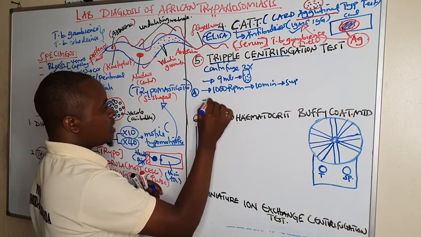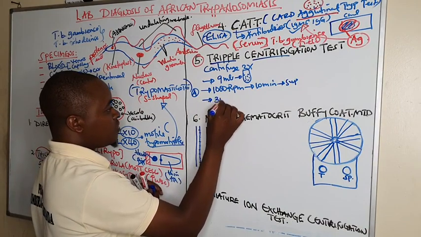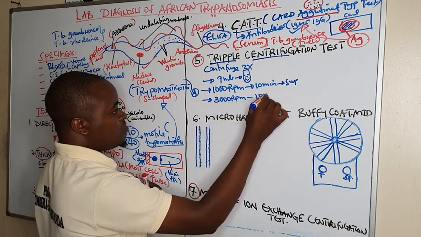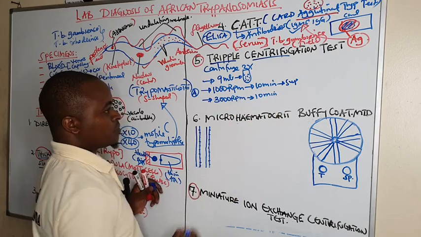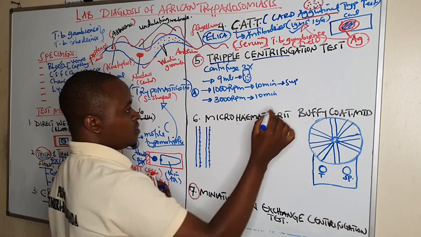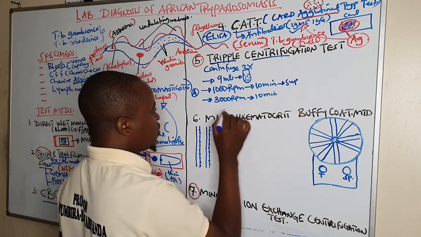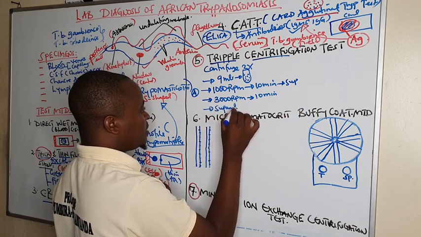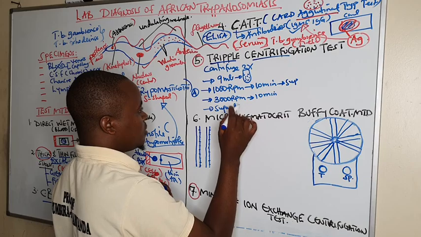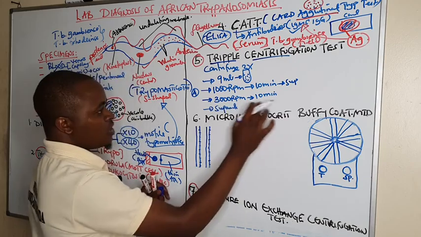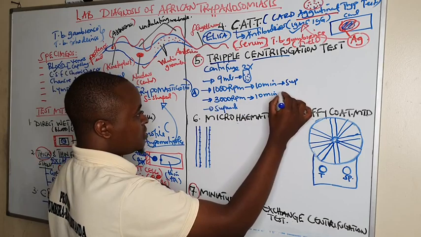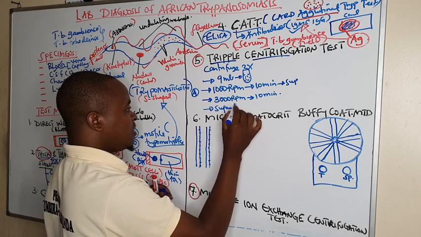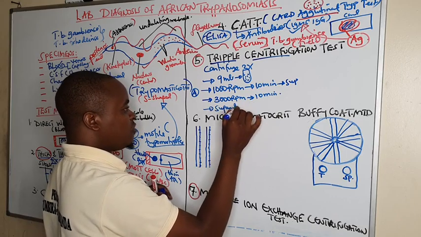Then the second time we centrifuge at 3,000 revolutions per minute, still for 10 minutes. After that, here we shall collect the supernatant. We centrifuge the supernatant further.